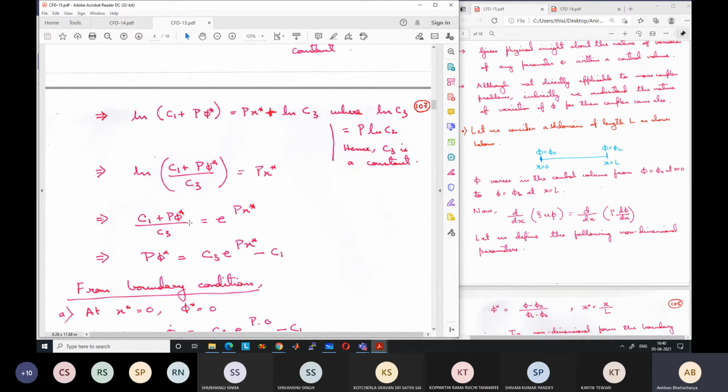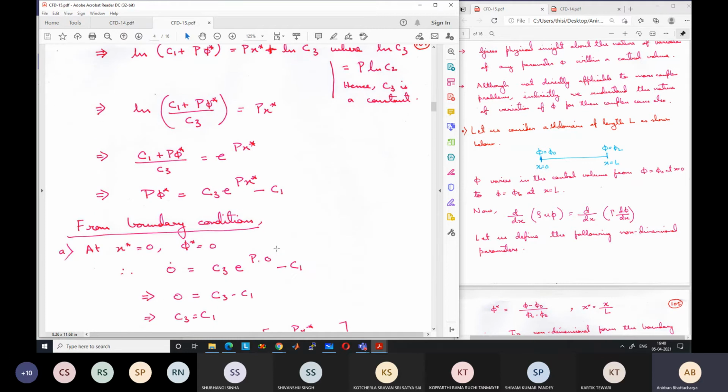By taking the exponential of both sides, we get (c1 + p phi star)/c3 is equal to e to the power p x star, or p phi star is equal to c3 into e to the power p x star minus c1. So ultimately, by rearranging the terms, we have obtained the final equation: p phi star is equal to c3 e to the power p x star minus c1. So phi star is an exponential form of x star, but we still don't know the values of the constants c3 and c1.